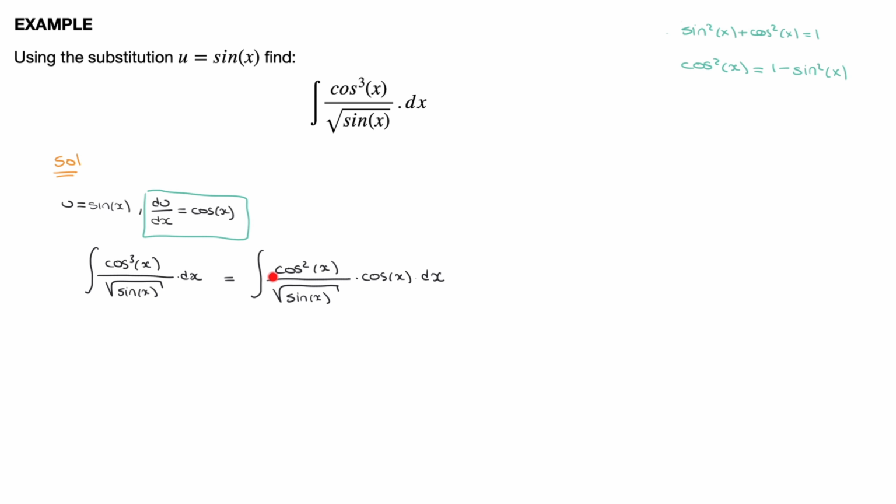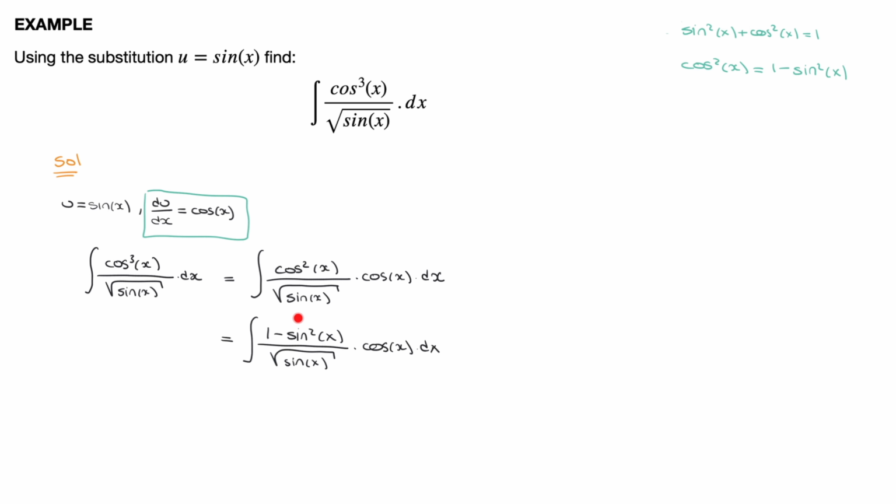And so replacing the cosine squared of x we have here by 1 minus sine squared of x, this integral becomes the integral of 1 minus sine squared of x over the square root of sine of x times cosine of x dx.